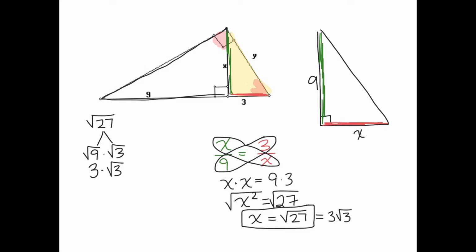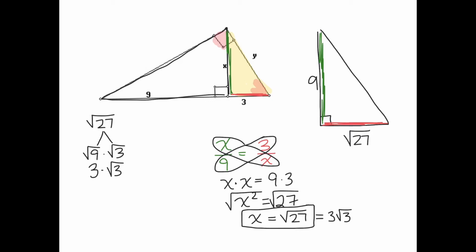So we just solved for x, right? So what I'm going to do over here is I'm going to erase this x right here, and I'm going to replace it with what we just found. So this is the square root of 27.